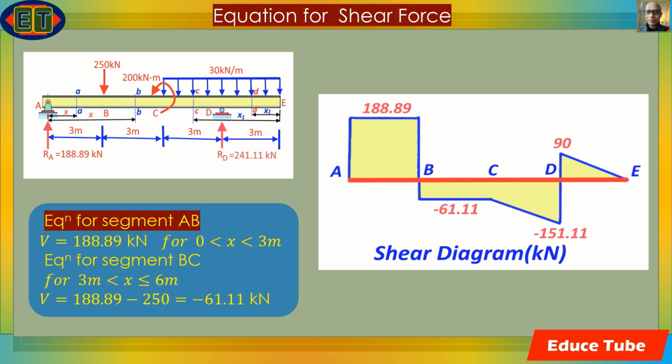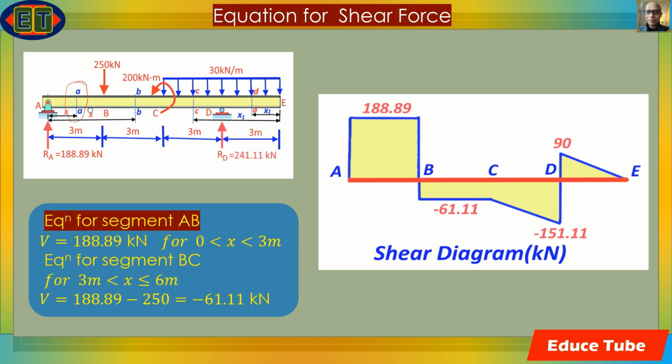So, to determine the shear force equation for segment AB of the beam, I take a section AA. Here we can see that section AA is at a distance x from support A.